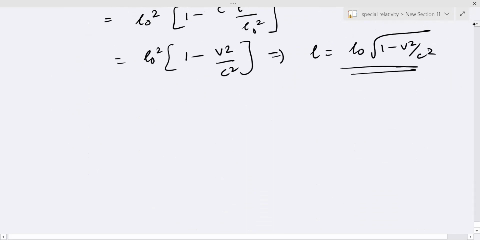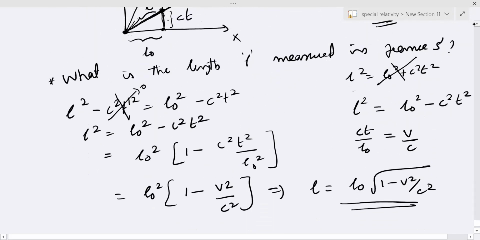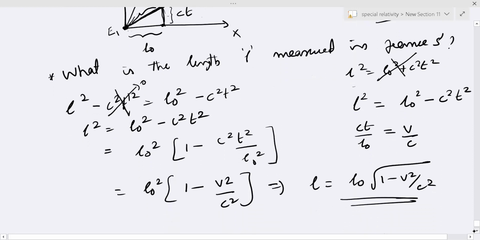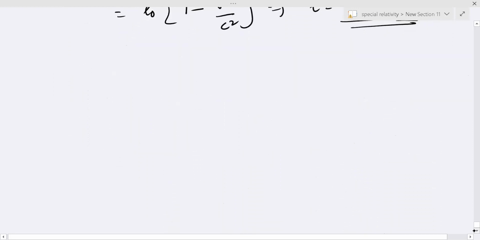If you look at the observer S, he will say that this person is making a mistake because he did not take it simultaneously, because these two events, let's say E1 and E2, are not simultaneous for S. He'll say that the other observer did not take the coordinates of the endpoints simultaneously. That's why he got a different length. This is one way to explain it from the viewpoint of observer S. Okay, this is fine.